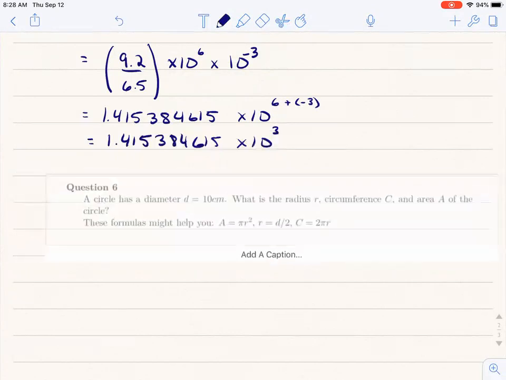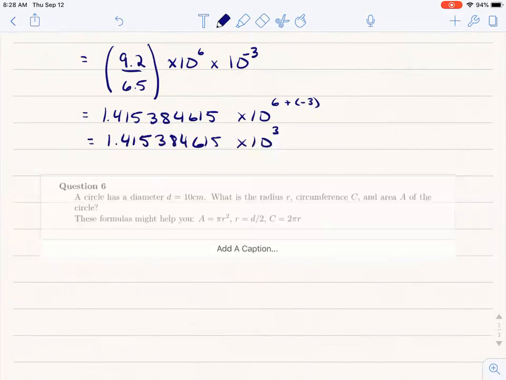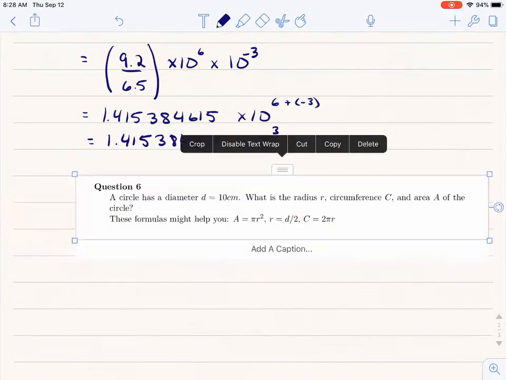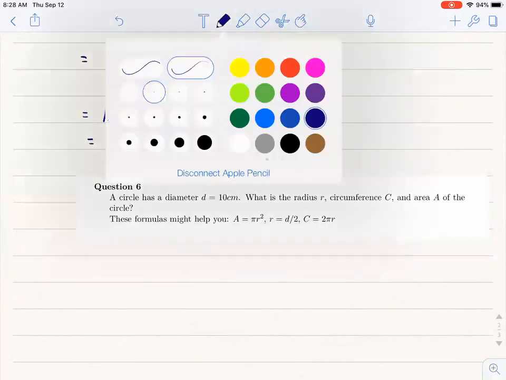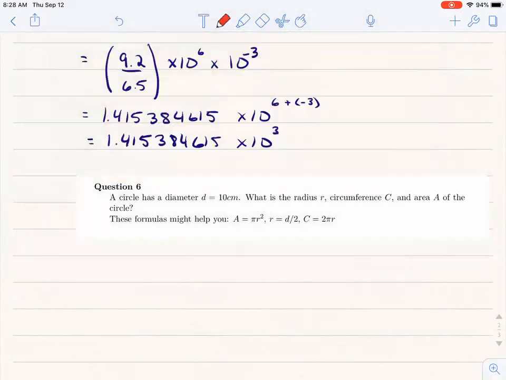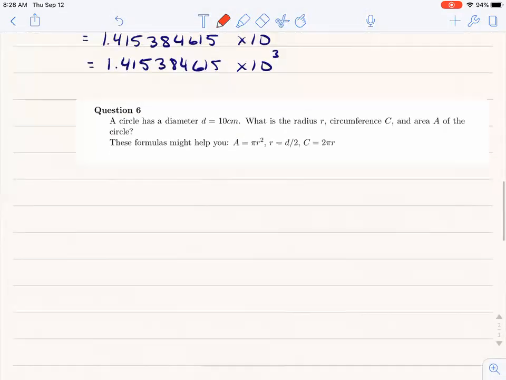Oh, this one, gotta move this over a little bit. This one's a different type of question, and if you want more practice with the circles, I think it was pretty good on the skills assessment.